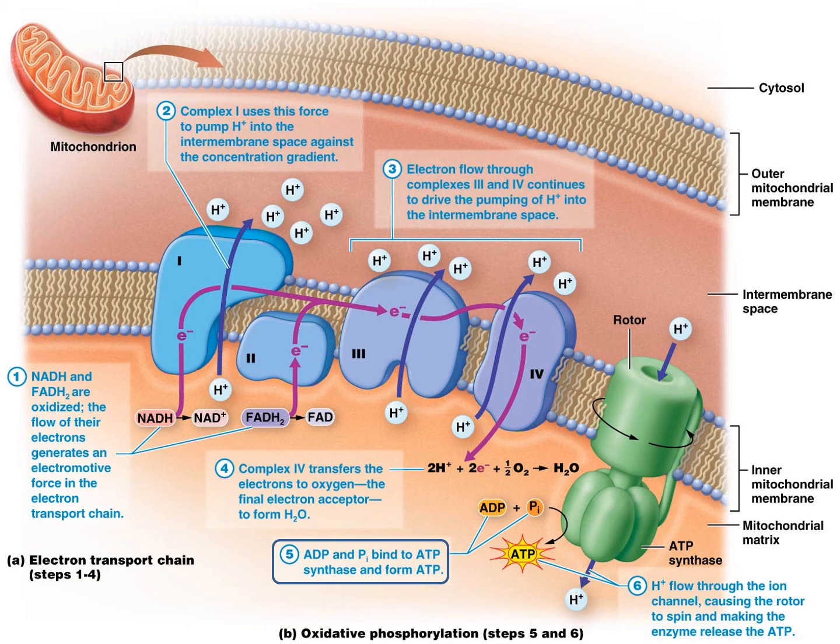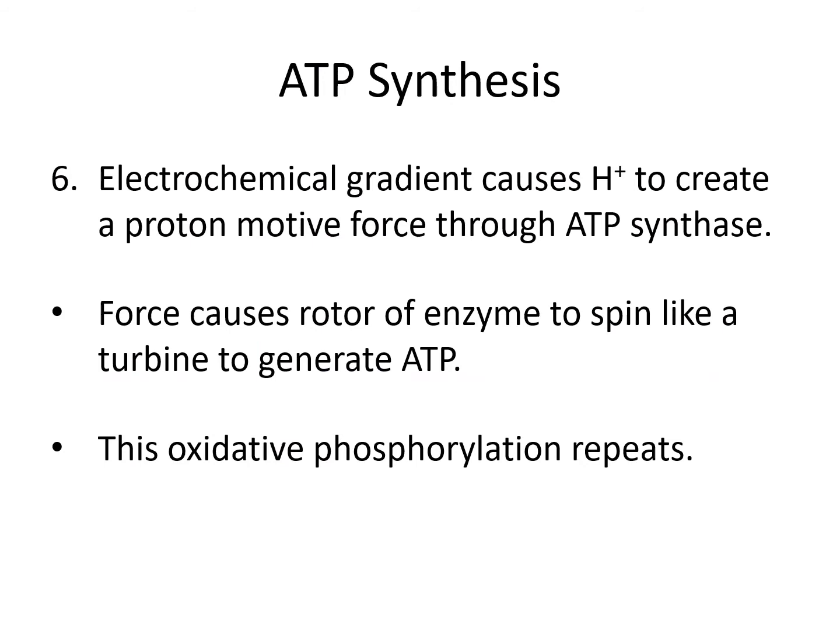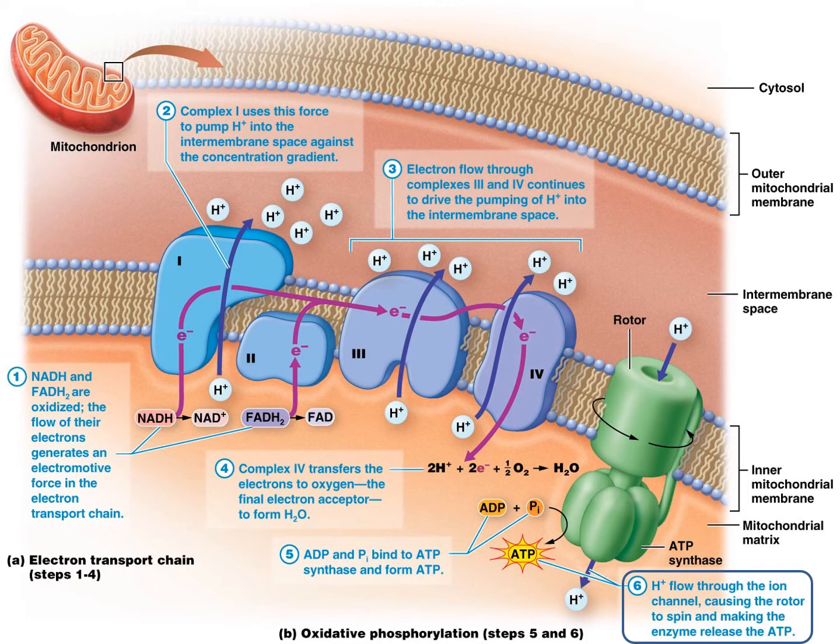The driving force of these hydrogen ions is like a turbine that produces the ATP. The electrochemical gradient causes the hydrogen ions to create a proton motive force through the ATP synthase. As I mentioned, it's sort of like a rotor, and the enzyme spins to generate ATP, and then it repeats. The oxidative phosphorylation repeats to make more ATP, as long as oxygen is present.